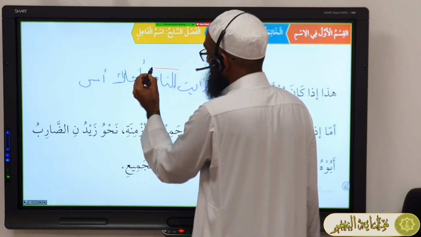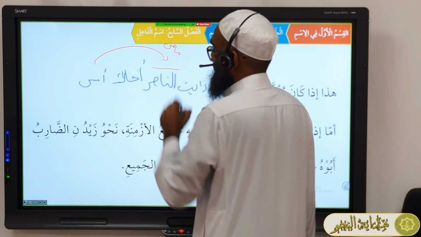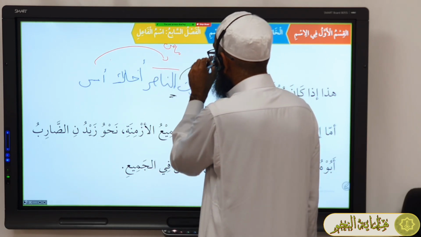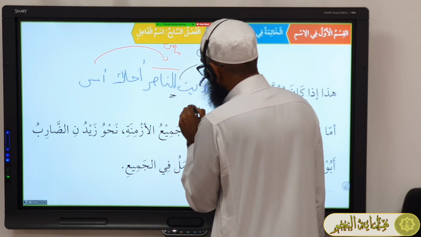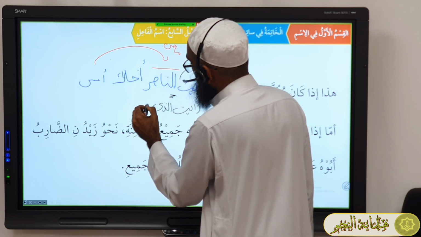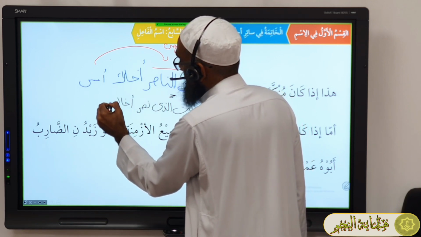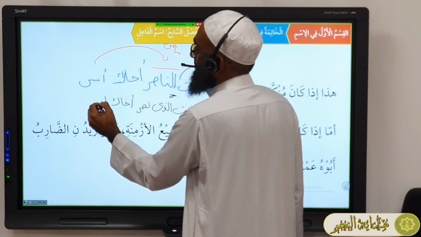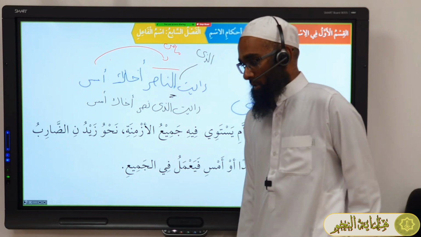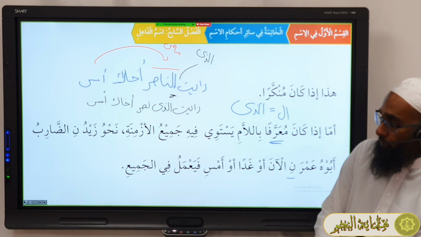In here, الناصر is ism al-fa'il, but it's in which meaning? The madhi. It's not hal or mustaqbil, but because there's an alif lam, and the alif lam in the meaning of الذي, this means رأيت الذي نصر أخاك أمسي. So in here, it can do amal. You understand? Understood? Has everybody understood? Yes?